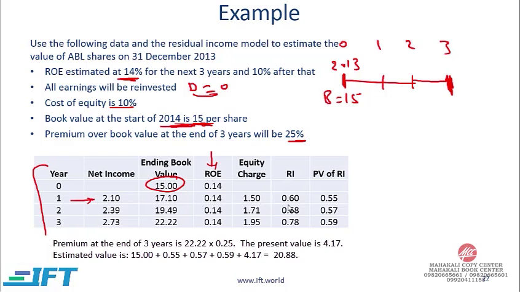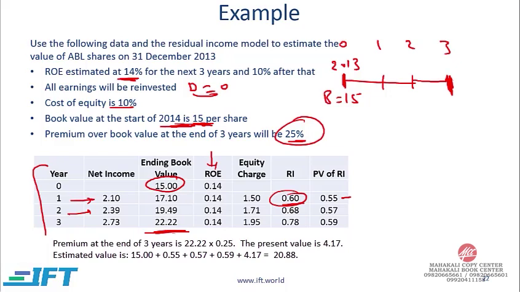And then the residual income is simply the difference. And then here we come up with the present value of the residual income. We do the same for year 2 and also the same thing for year 3. But for end of year 3, we need to do one more thing. We need to calculate the premium. What is the premium? It is the book value at the end of year 3, which is 22.22, multiplied by this 25% premium.